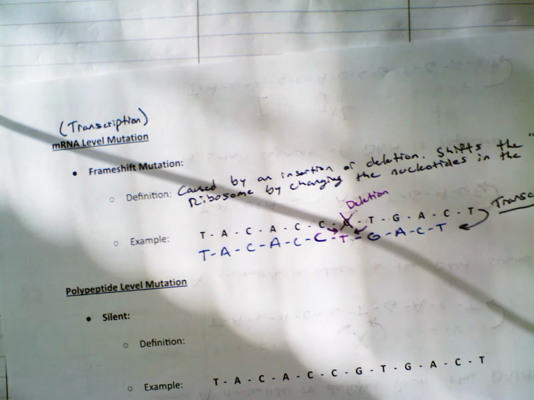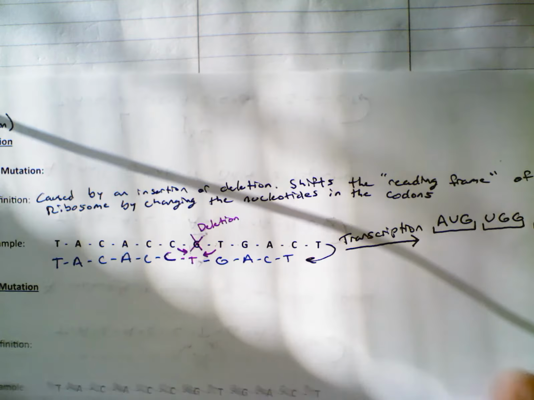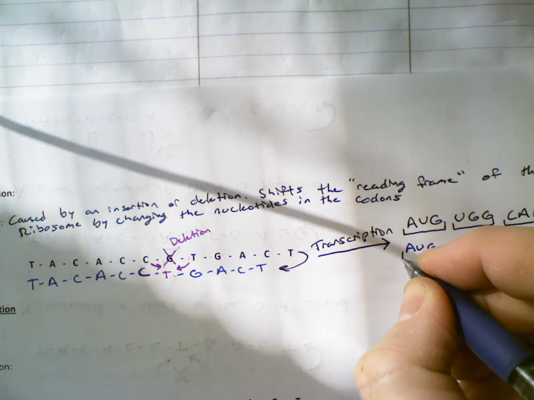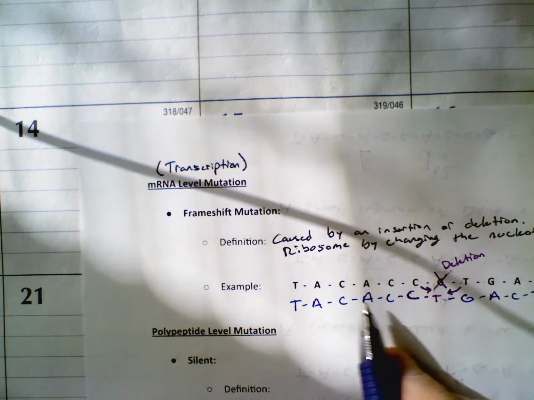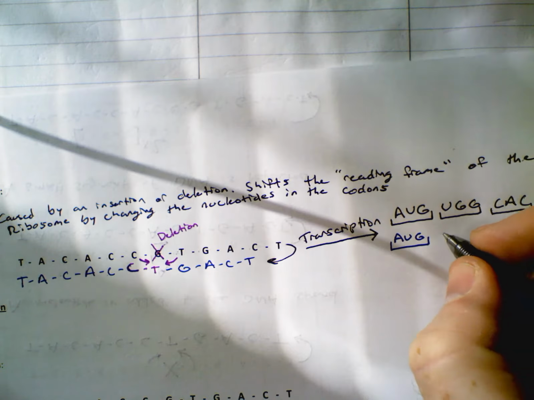So let's see what kind of codons the mutated DNA is going to get us. All right, so for my mutated messenger RNA, TAC is unimpacted, so we're still going to have AUG. Okay. ACC is unimpacted, so we're still going to have UGG.